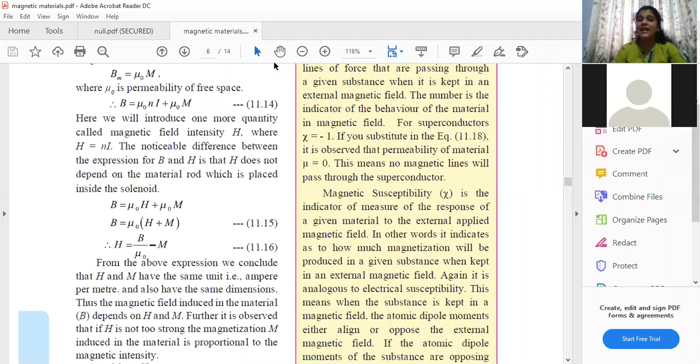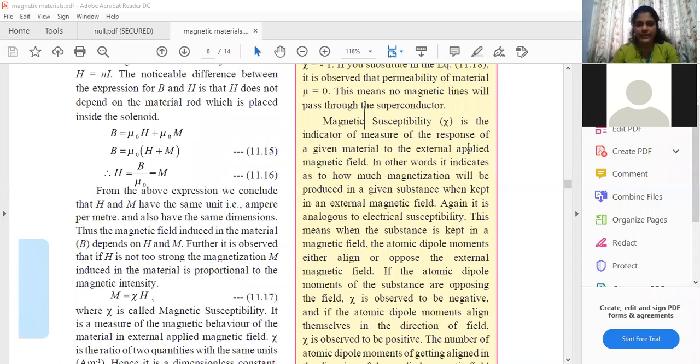This means that no magnetic lines will pass through the superconductor. When the value of mu is 0, there is no magnetic field in that material.